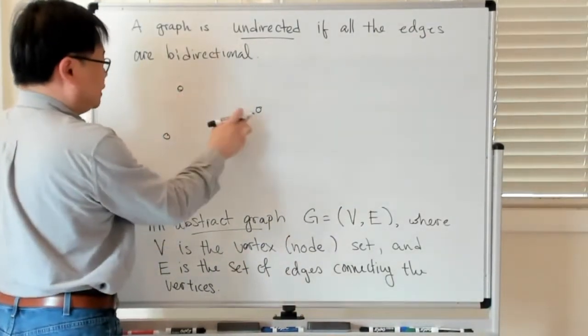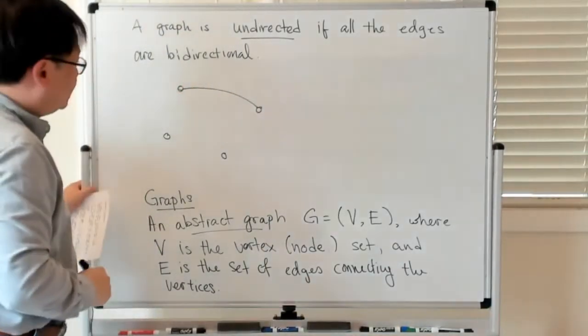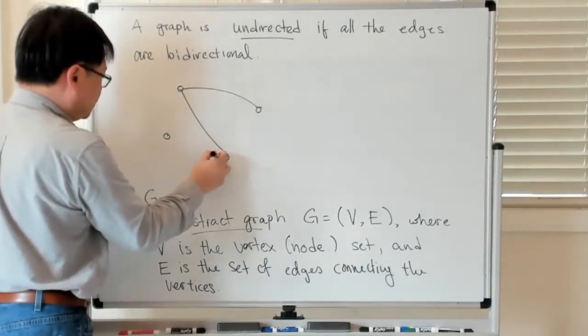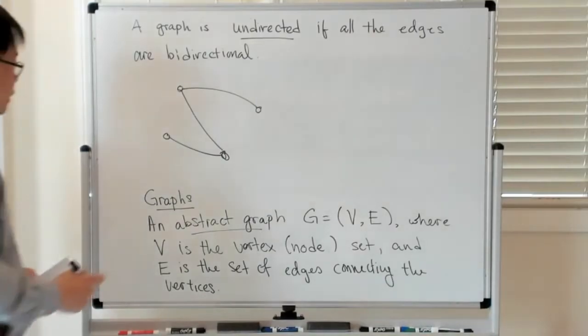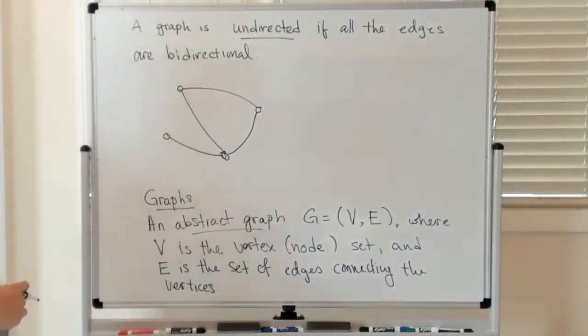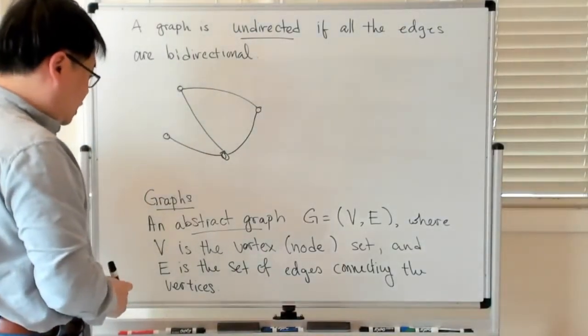To represent the fact that these two points are connected, you might draw an edge connecting them. Okay, so you might have something like this. That's an example of a graph. You could have graphs where you have cycles. So this is what is called a cycle.